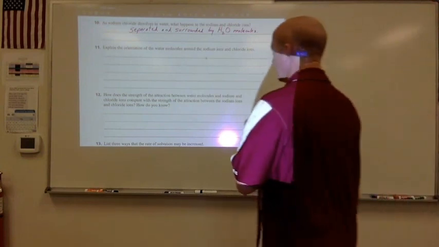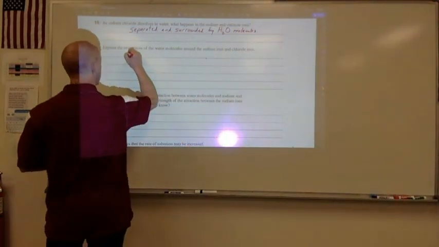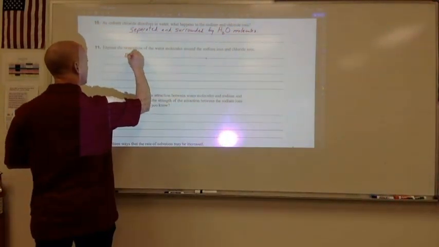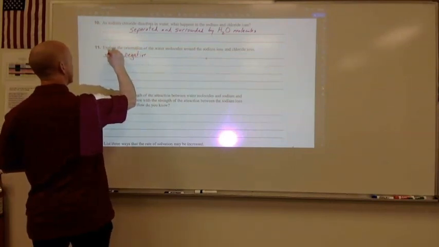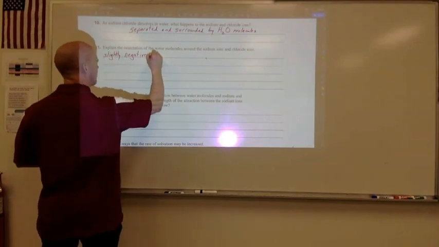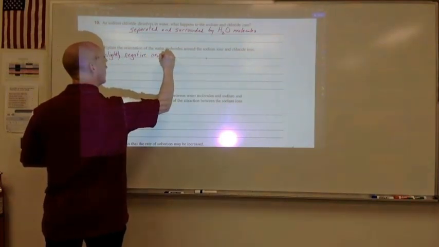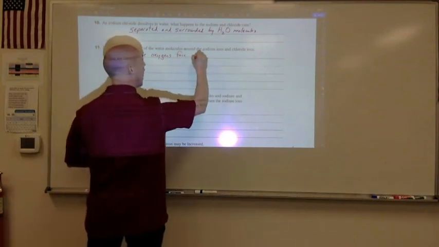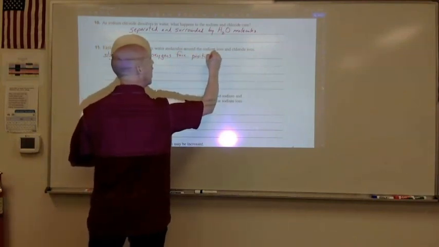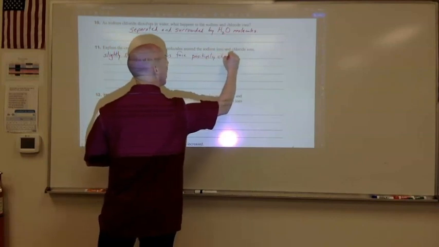So, the slightly negative oxygens face the positively charged sodium ions.